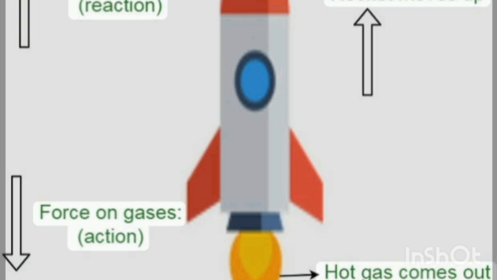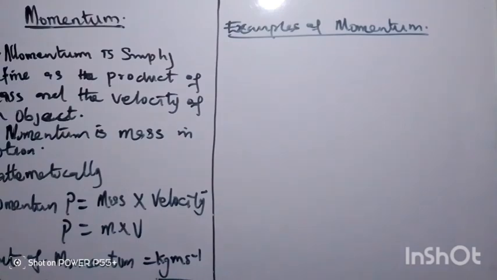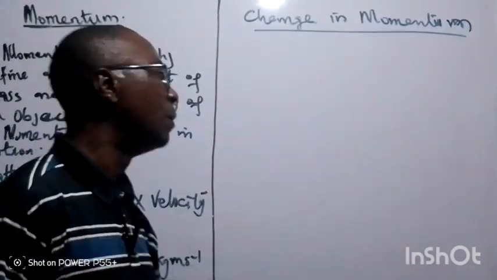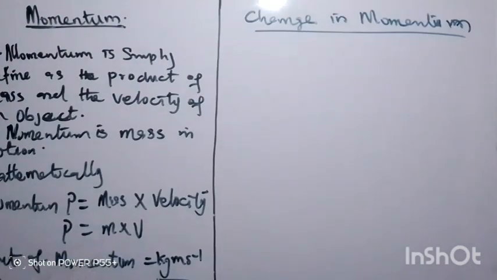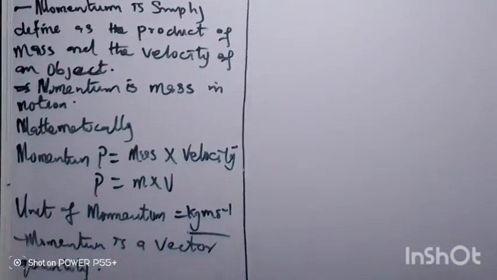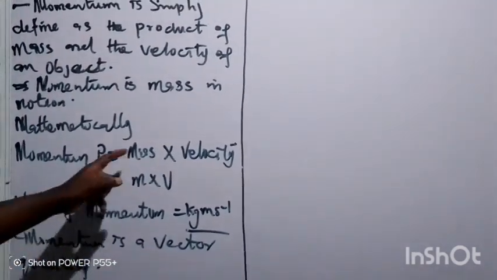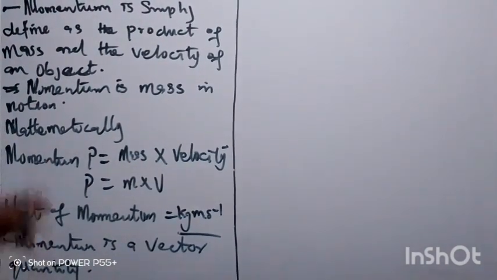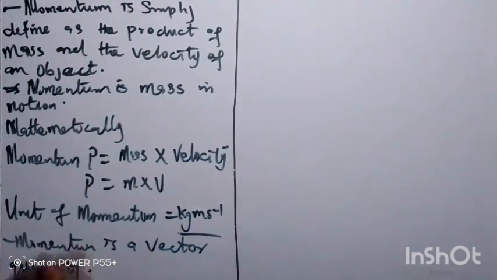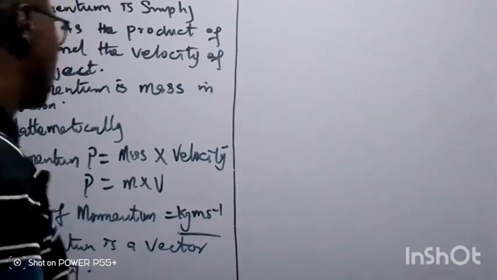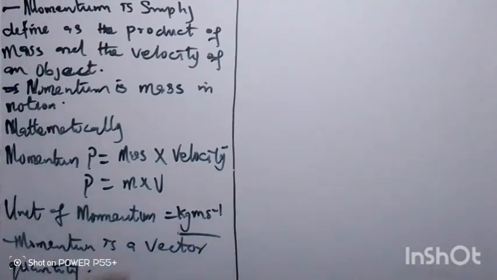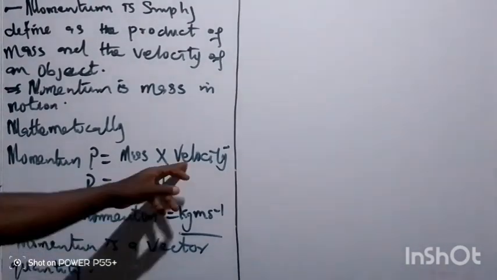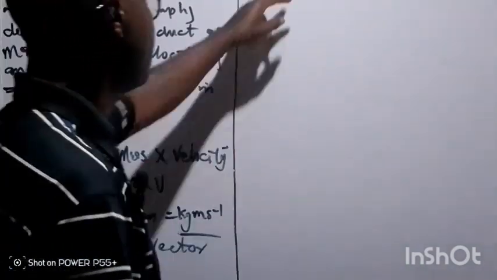The next thing we are going to look at is change in momentum. According to the definition we gave the other time, momentum is the product of mass and velocity. As the object is moving, although the mass is constant, the velocity, as a vector quantity, will keep on changing. Due to the change in velocity, definitely there will be change in momentum.